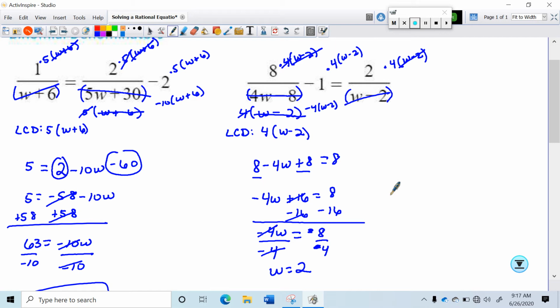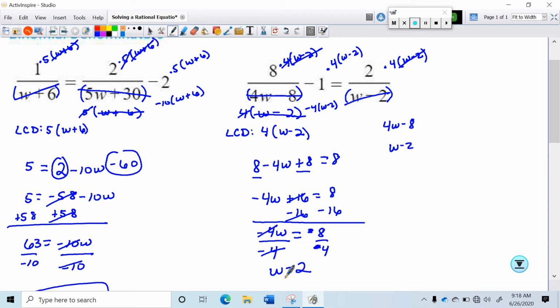However, since I got a whole number, I want to put it in. This is 4W minus 8 and W minus 2. I want to put this answer into these two denominators to see if they equal 0, because if they do, my answer is no solution, because you're not allowed to have 0 on the bottom of a fraction.